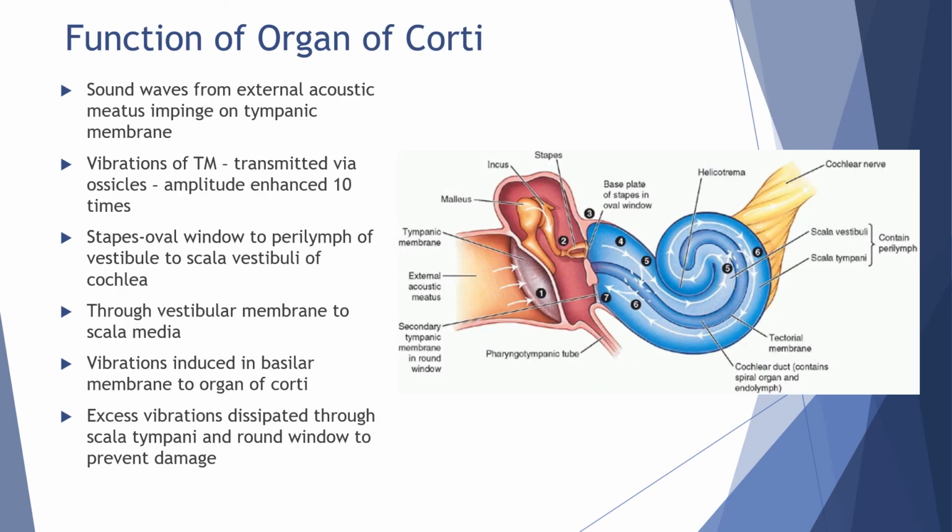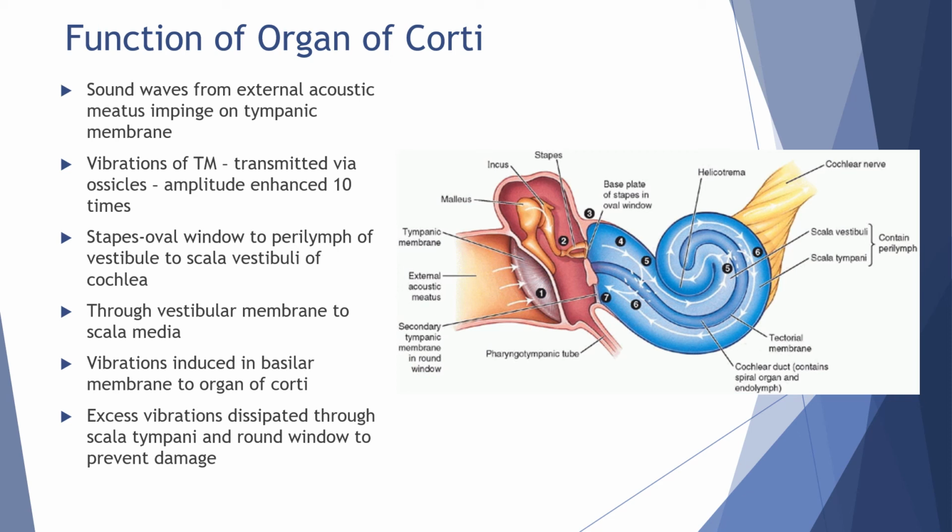What is the function of organ of Corti? The sound waves from the external acoustic meatus fall on the tympanic membrane. This leads to vibration of the membrane, and the vibrations are transmitted via the three ossicles. It is enhanced here 10 times. It reaches the stapes. From the stapes through the oval window, they are transmitted to the perilymph of the cochlea, scala vestibuli of cochlea, through the vestibular membrane to the scala media.